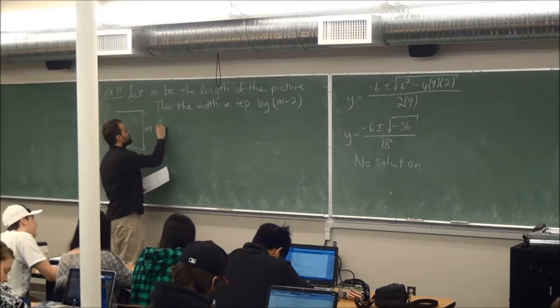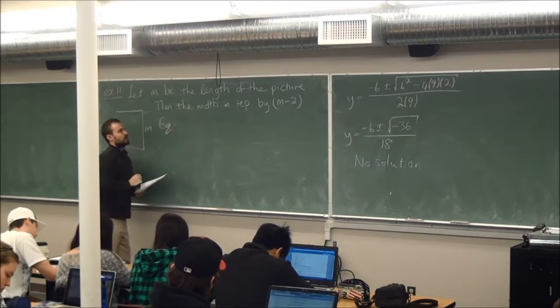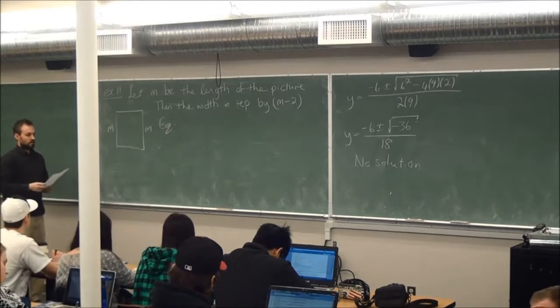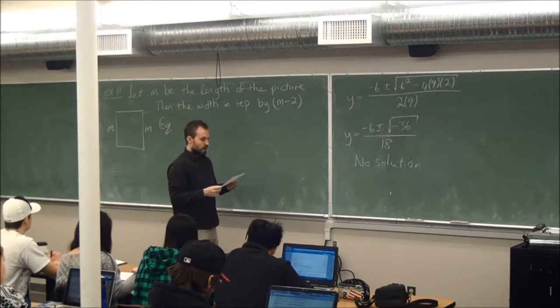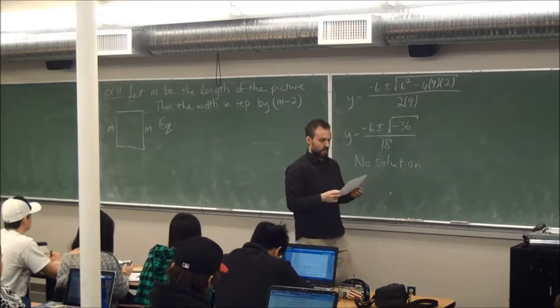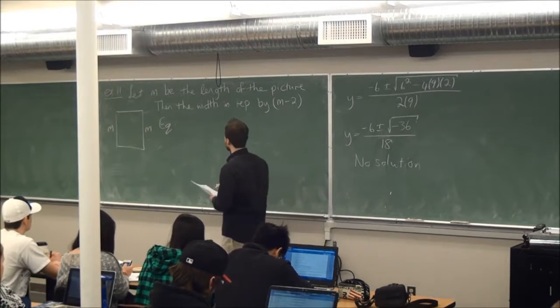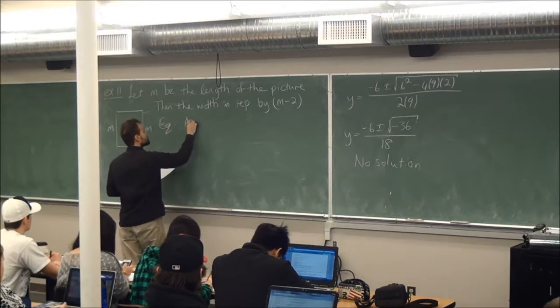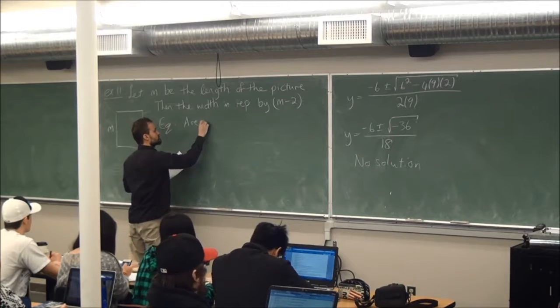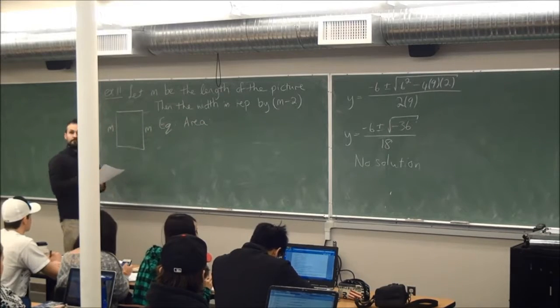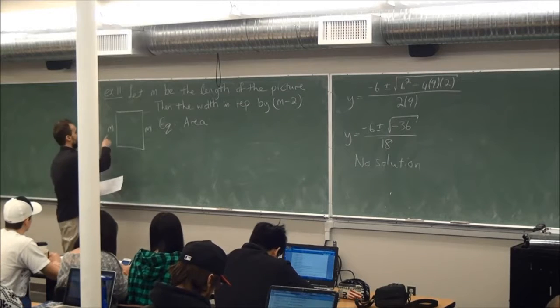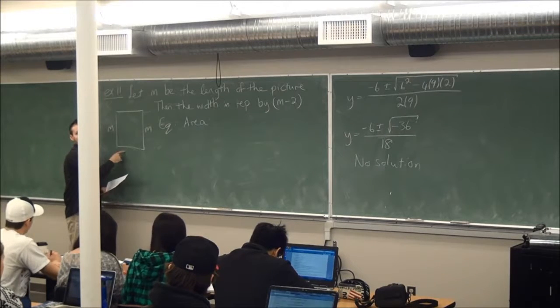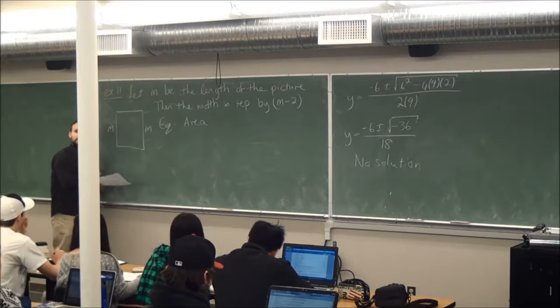So now my equation should represent the other information that the question is giving me, and that information refers to the area of the picture. Dimensions means length and width. Area is length times width.